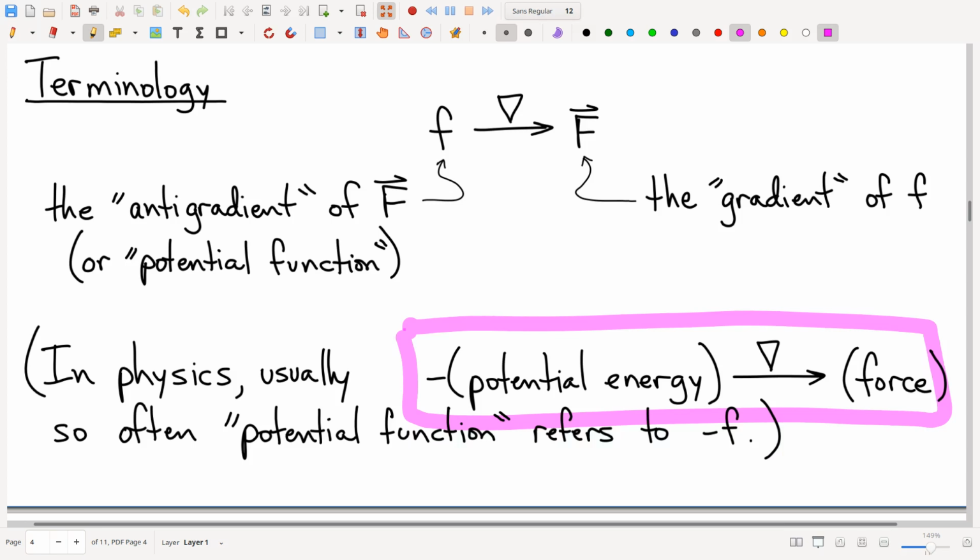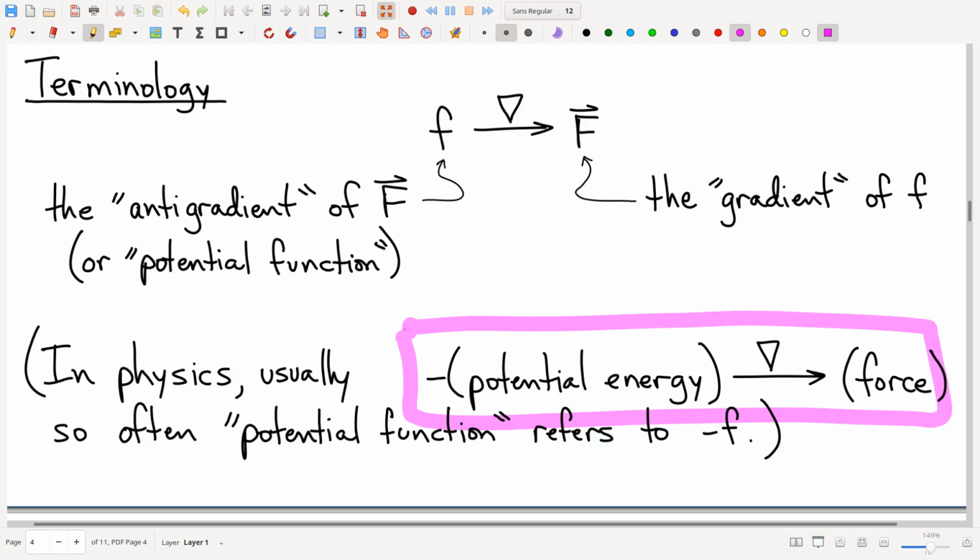If you know a little bit of mechanics, gravity pulls down. Potential energy, therefore, is higher the higher up you go. So which direction does the gradient of potential energy point? Well, gradients always point in the direction that the function's increasing. So the gradient points up.